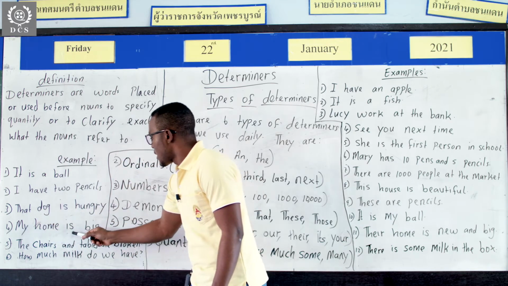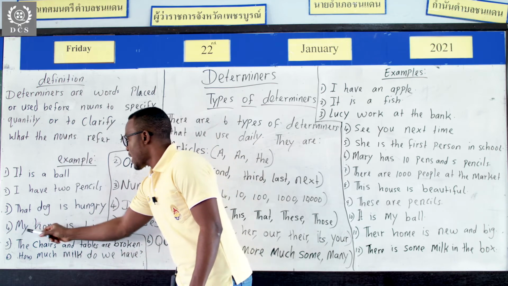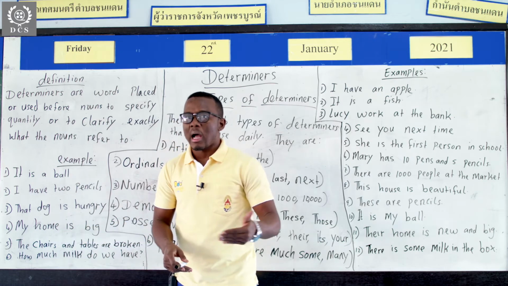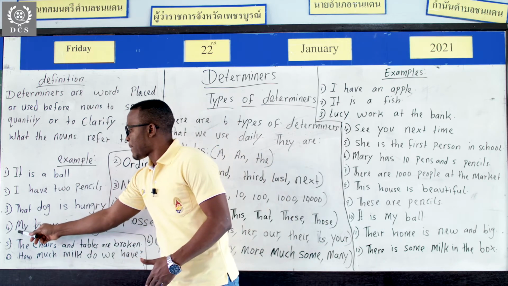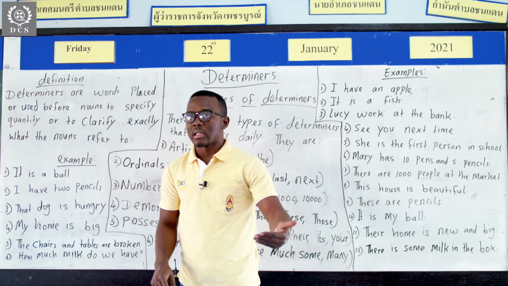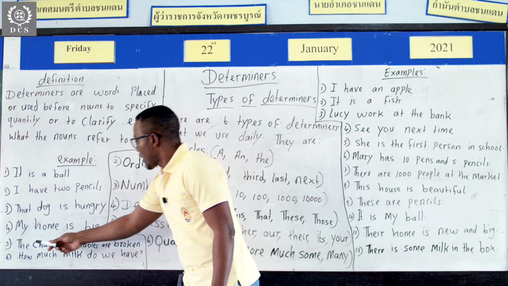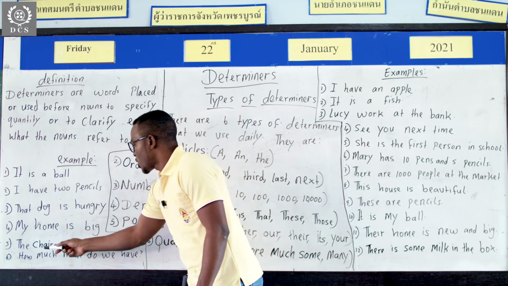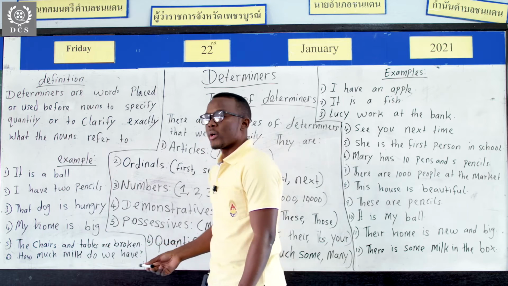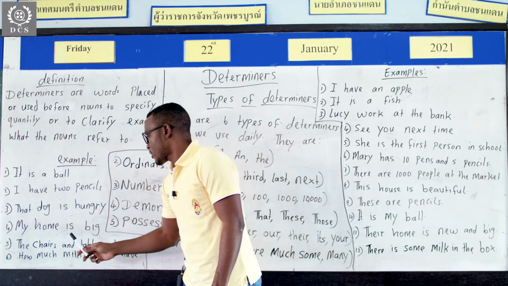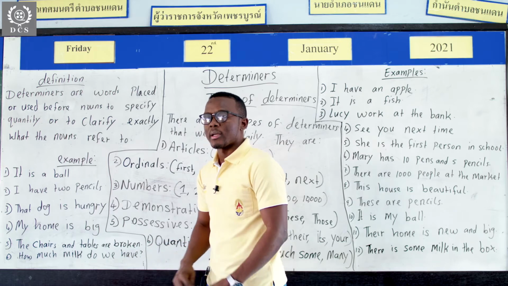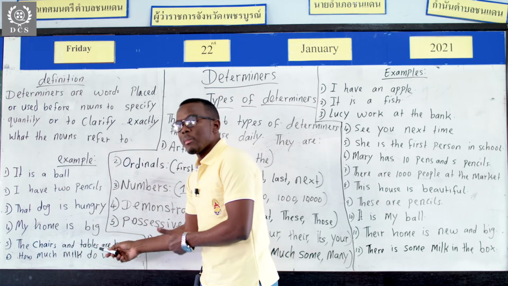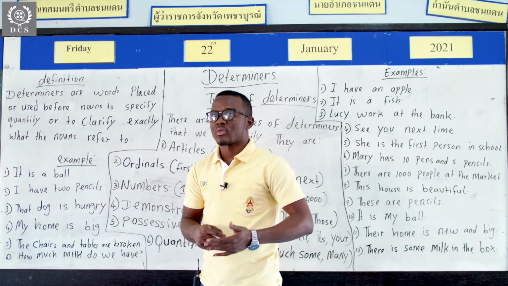My home is big. We can see here that home is a noun. So my is a determiner. The chairs and tables are broken. We can see over here that chairs and tables are nouns.